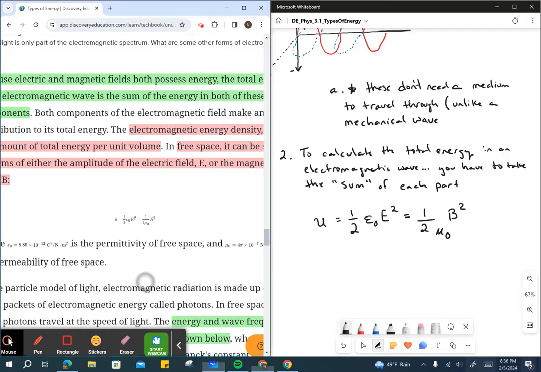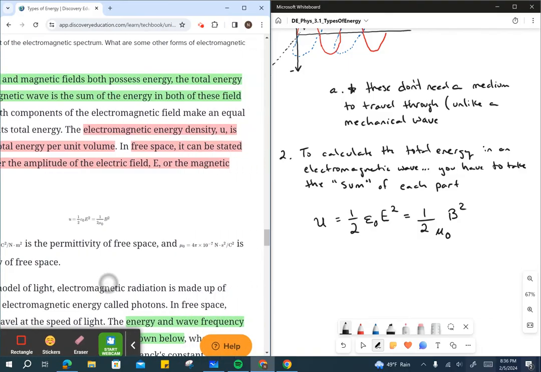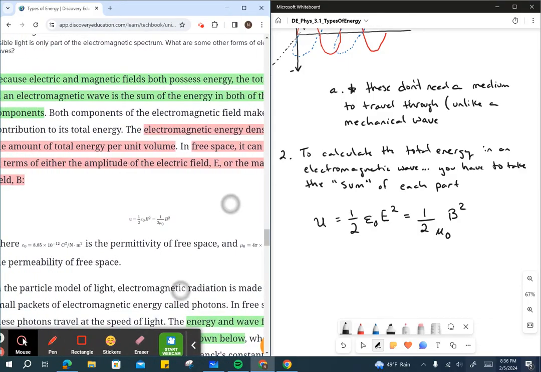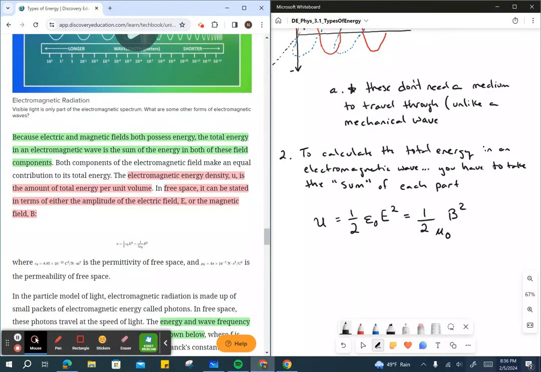Time to define these. We said that U is going to be the density of the energy. So electromagnetic energy density is equal to 1/2.